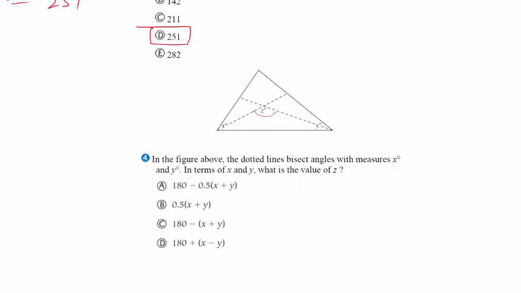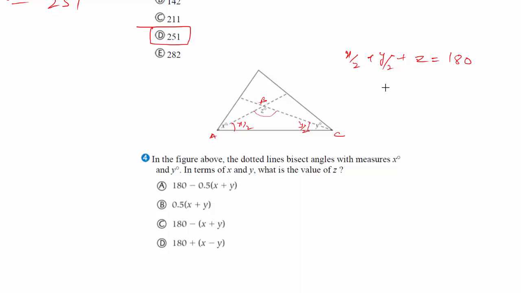Well, it's very simple. There's a triangle, let us take it as ABC. One angle will be x by 2, another angle will be y by 2, and the third is z. So we can write x by 2 plus y by 2 plus z equals 180.